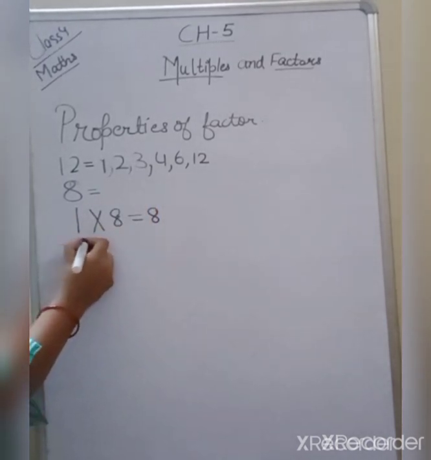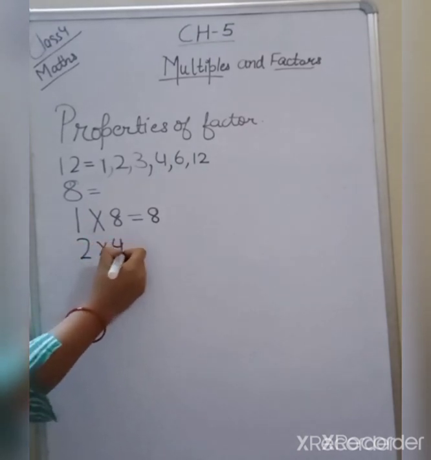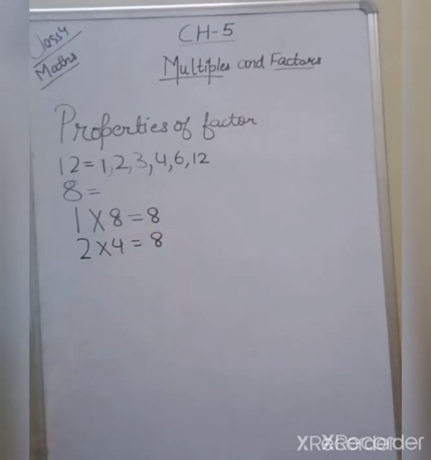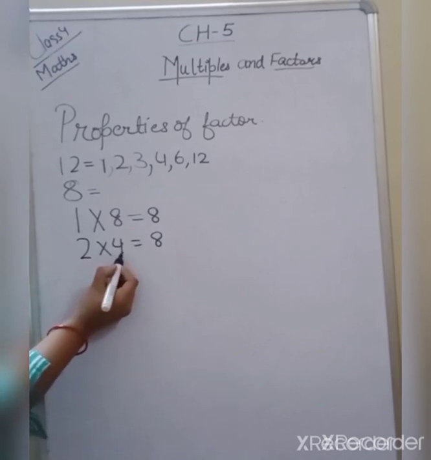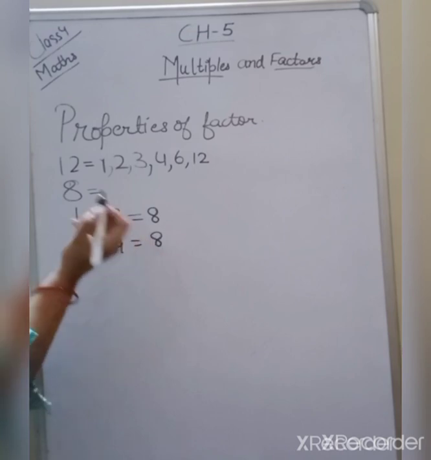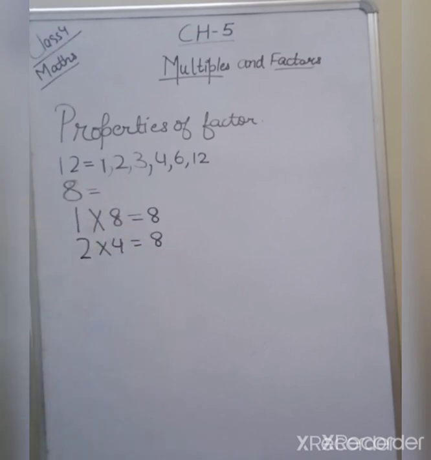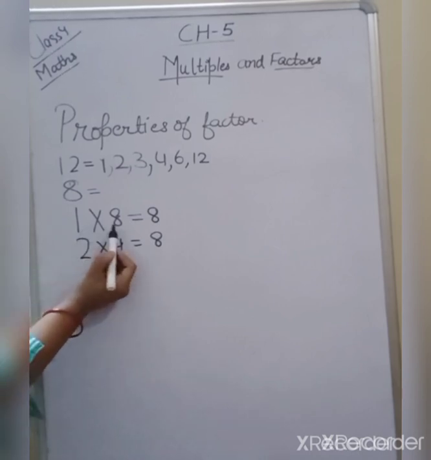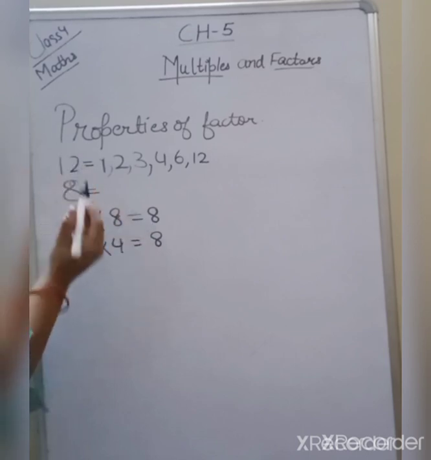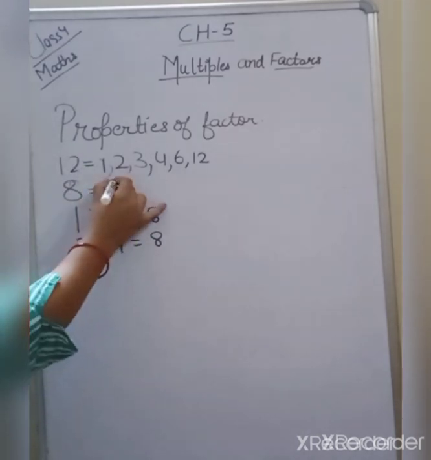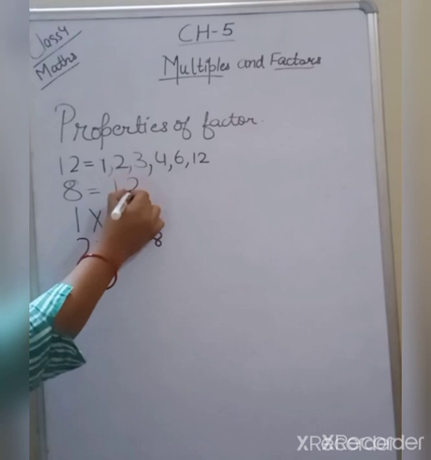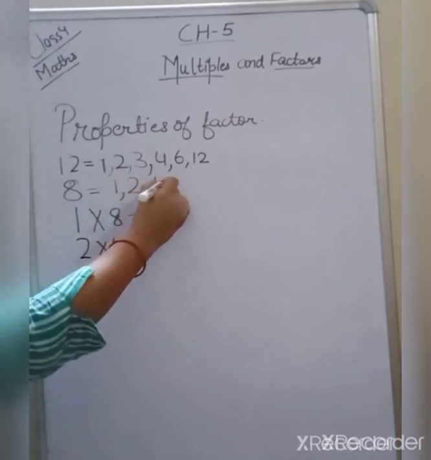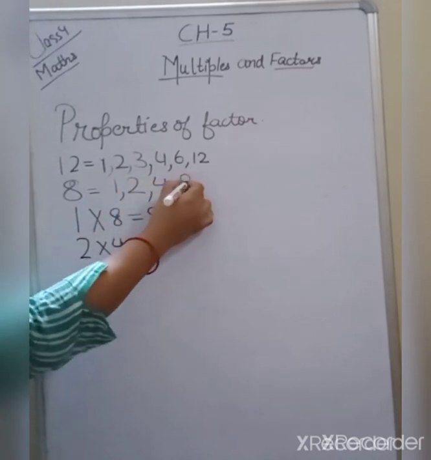In the 2 table, if you see, 4 times 2 is 8. In the 3 table no. In the 4 table yes. 2 times 4 is 8. 5 table no. 6 table no. 7 table no. 8 table yes. 1 times 8 is 8. So the factors of 8 are 1, 2, 4, 8.